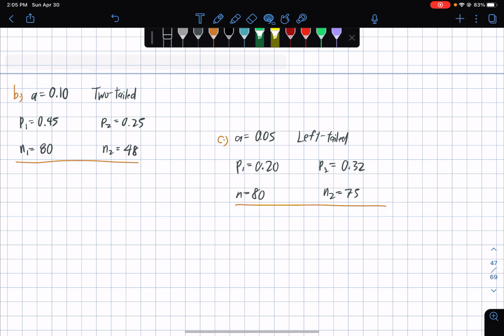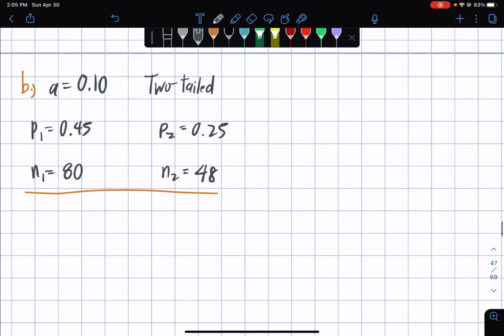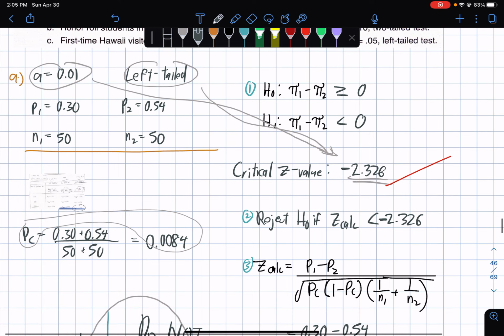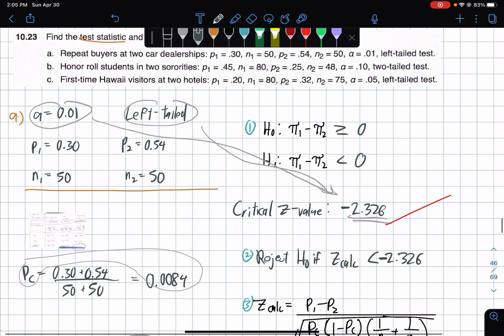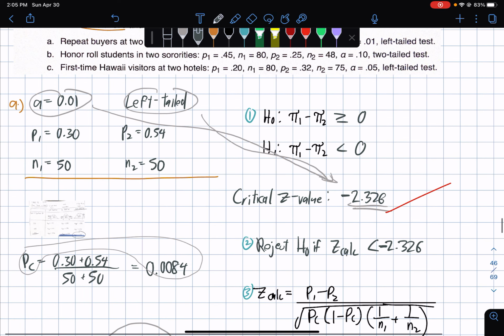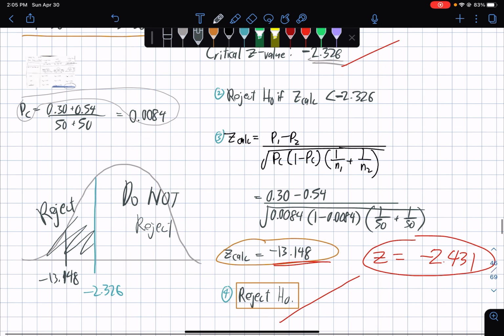Okay. Let's go with two-tailed. P1. Oh wait, we already have P1 and P2. So let's solve for PC. PC is x1 plus... I can see where my mistake is.